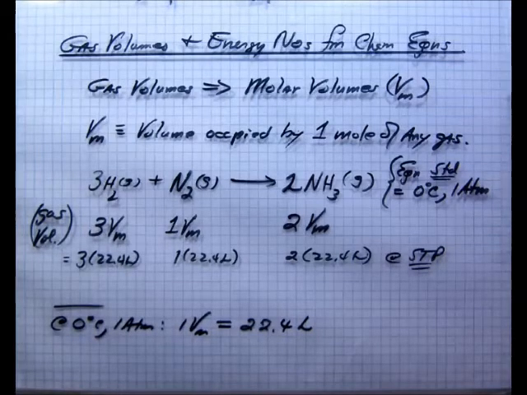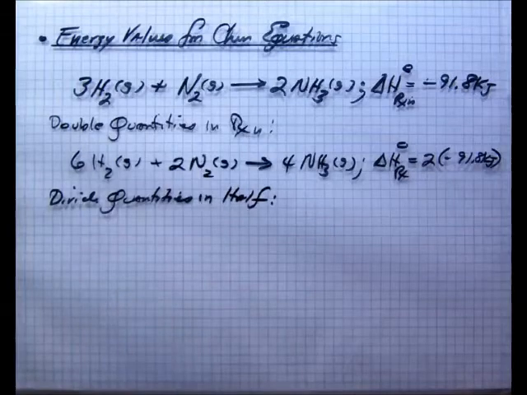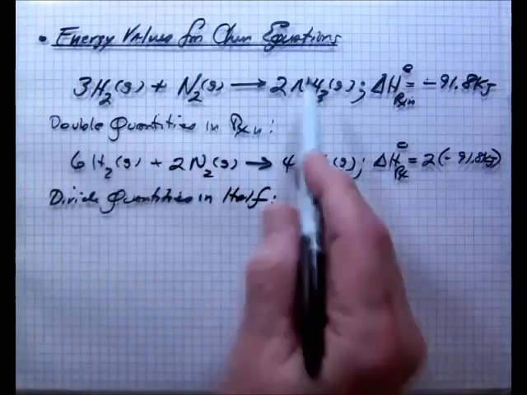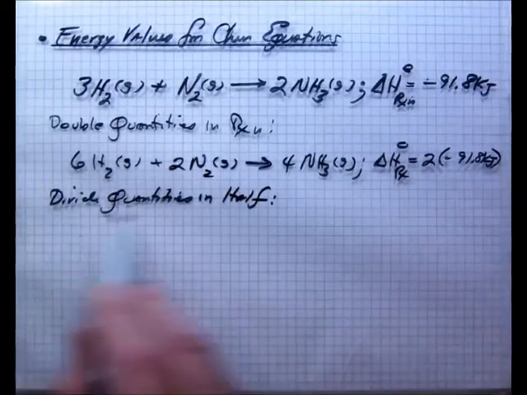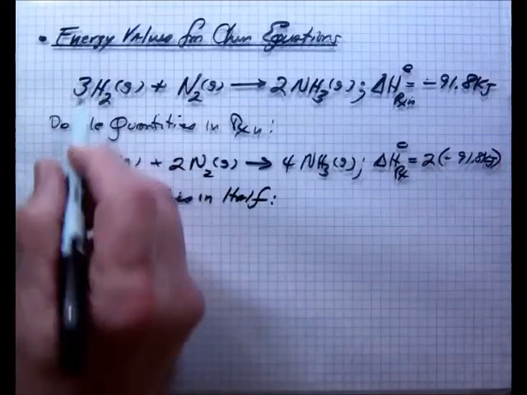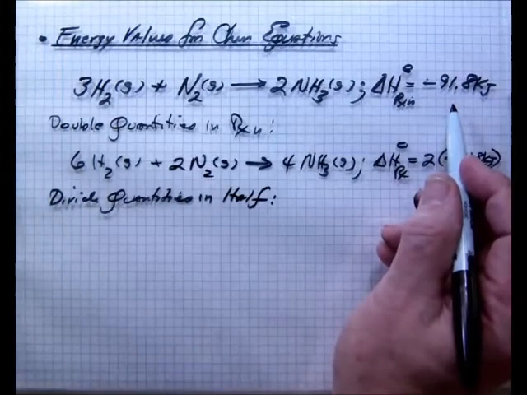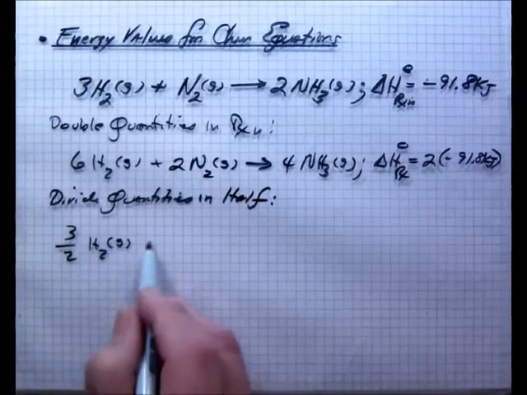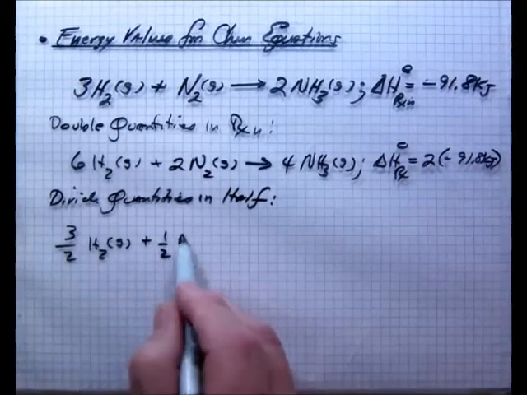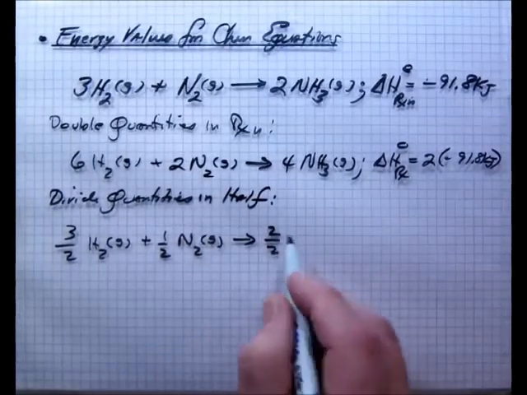The last thing: if you double the quantities, you can see here I've doubled, then you'll have to double the heat quantity. If you divide the quantities in half relative to the original equation, you will have to divide the energy number in half.